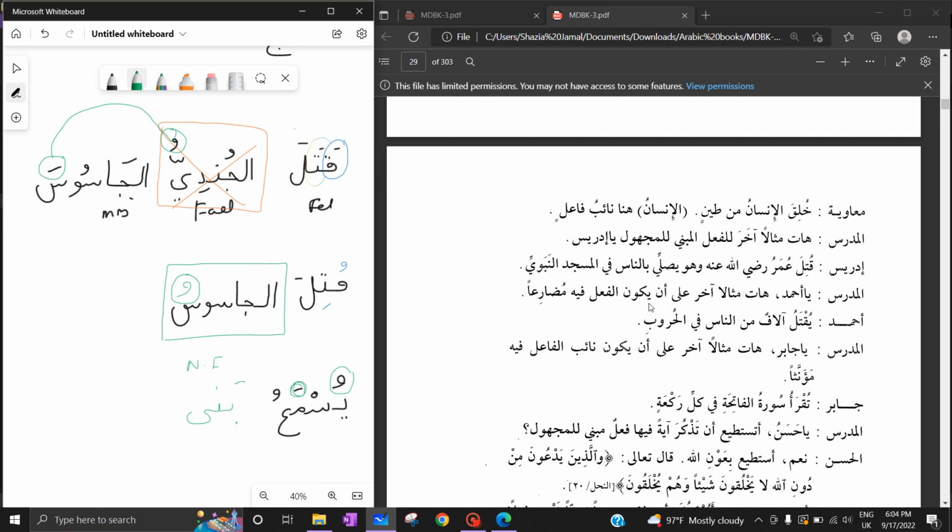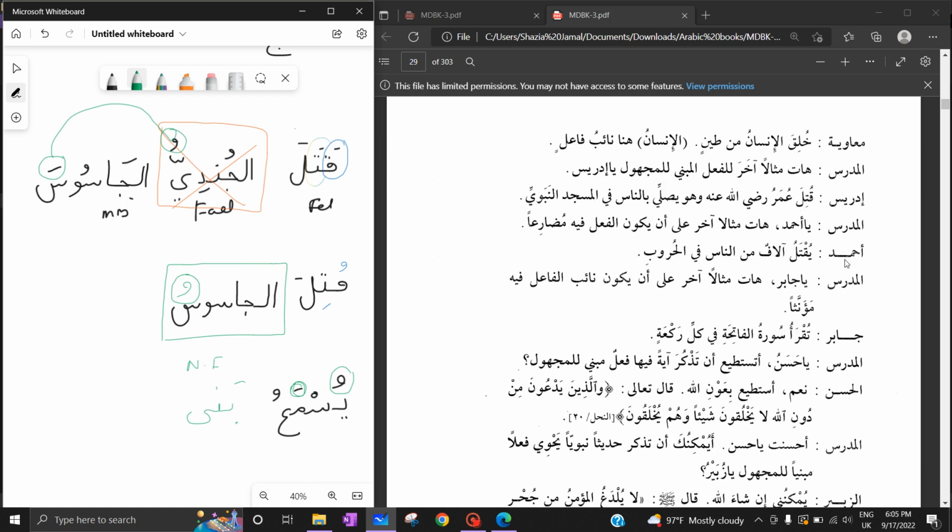Ala an yakuna al fail fihi mudari'a, meaning now these were the examples with past tense, now give an example with present tense. Ahmad says يقتل الألاف من الناس في الحروب. حروب is the plural of harb. Harb means war.